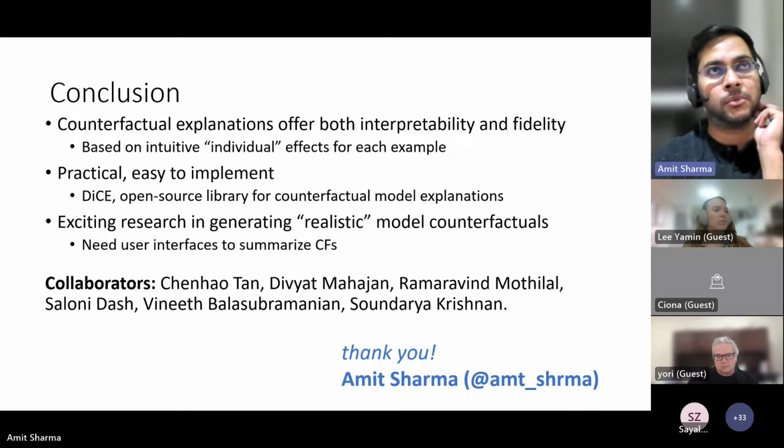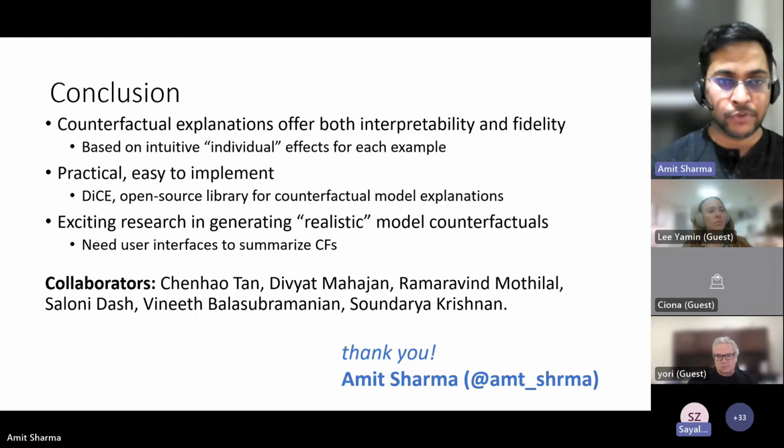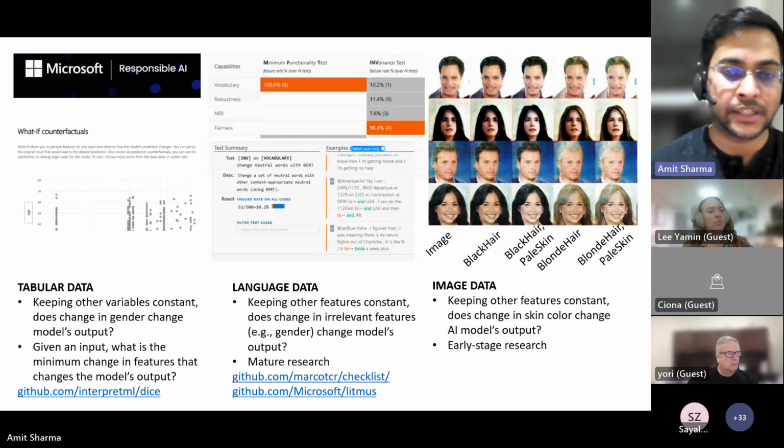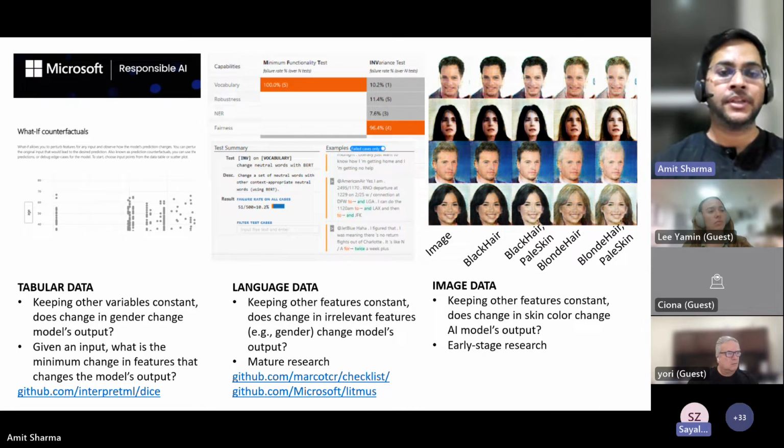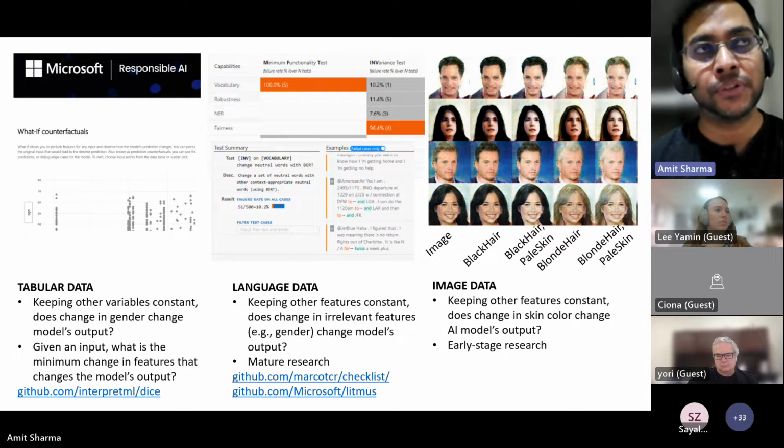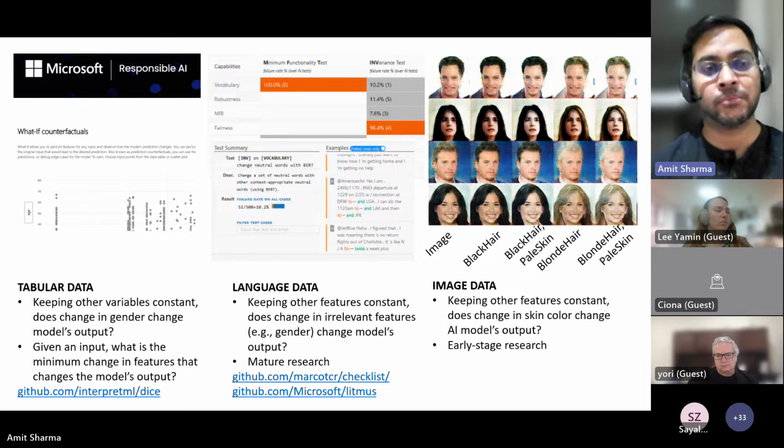We haven't done much work on natural language, which is why I was pointing you to Marco's repository, CheckList, where they have done these counterfactuals. But in general, I agree with you that natural language counterfactuals are much harder than tabular data.